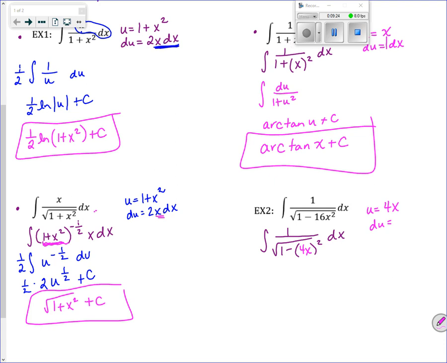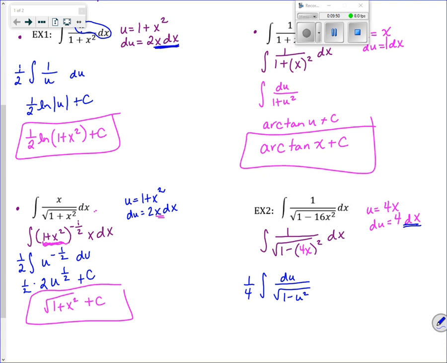So du is 4 dx. So let's do the substituting. Of course, dx is du over 4. I'll put the du on top, and I'll put the 1/4 on the outside to get it out of the way, over the square root of 1 minus u squared.